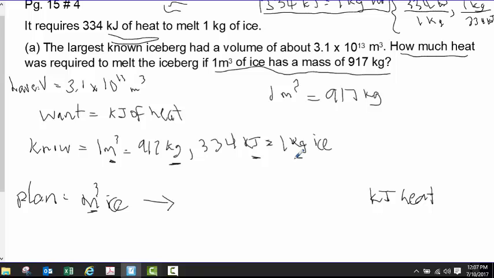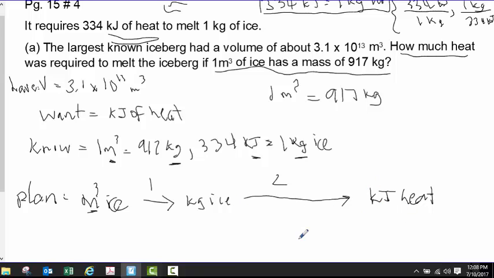So there's my plan right there. I need to first go to kilograms of ice. And then once I'm in kilograms, I can use this second conversion factor to get from kilograms to kilojoules. So I'm going to have two conversion factors, two steps in my calculation, and I can follow this plan now to set up my calculation.